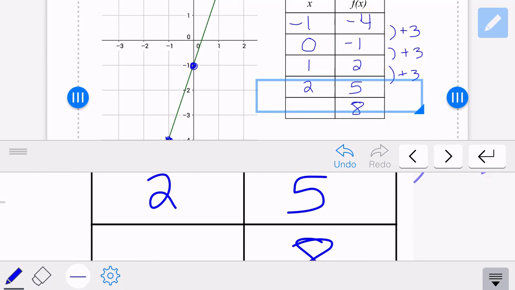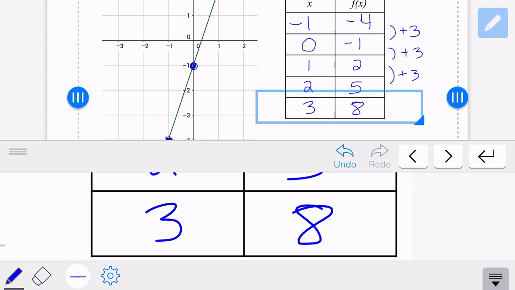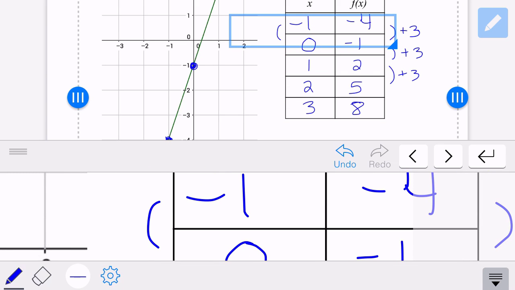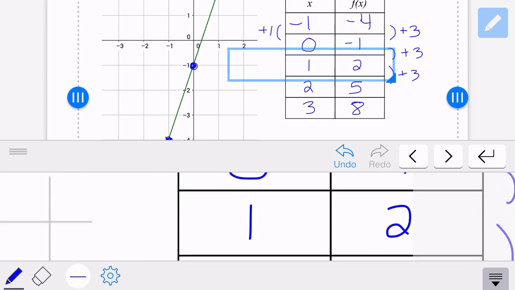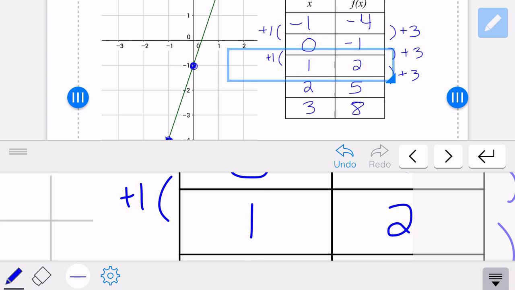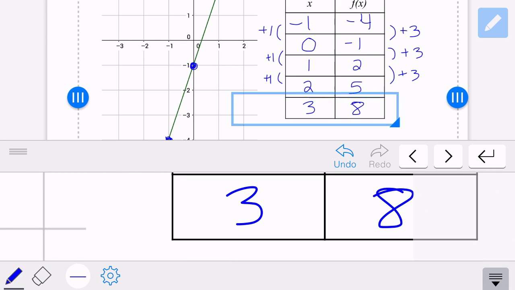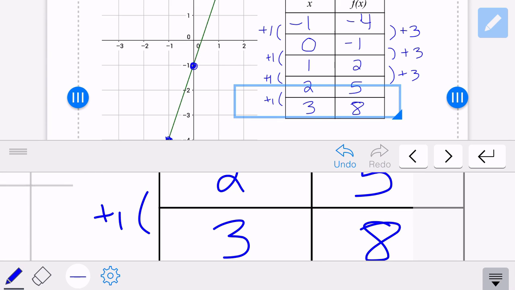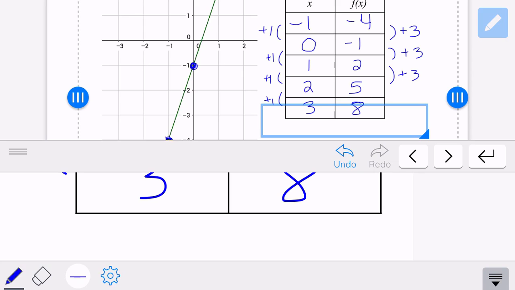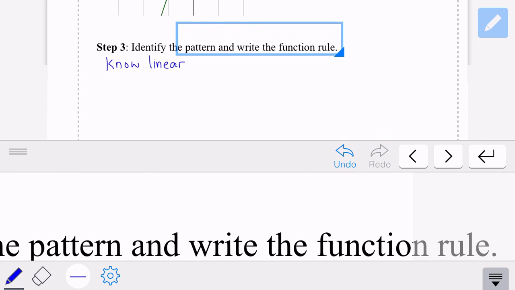And then if these are all increasing by 1, this would give us 3. So yeah, these are all going up by 1. Good. So then our change in y is 3.